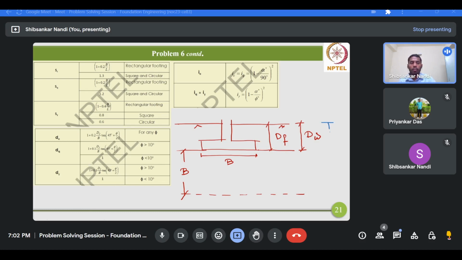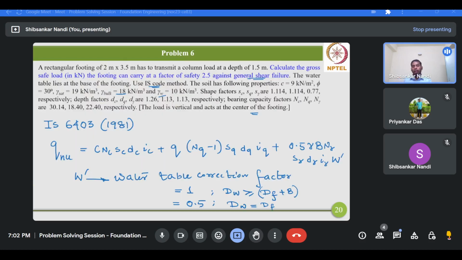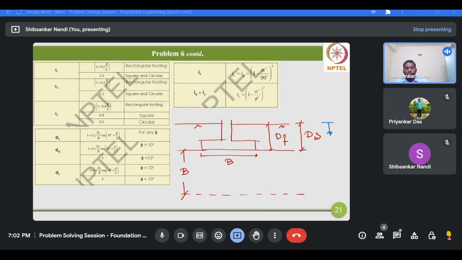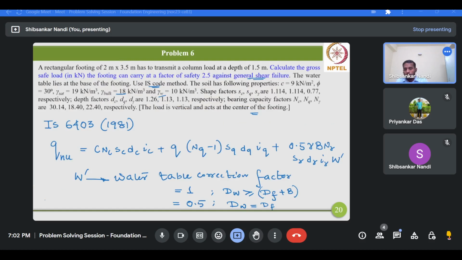You can take the reference level at the base of the foundation also. In that case, W prime would be 1 when dW is greater than or equal to B, and it would be 0.5 when dW equals 0, if you take the base of the foundation level as the reference or datum. And if the water table lies in between, suppose here, between Df and Df plus B, then you have to linearly interpolate.